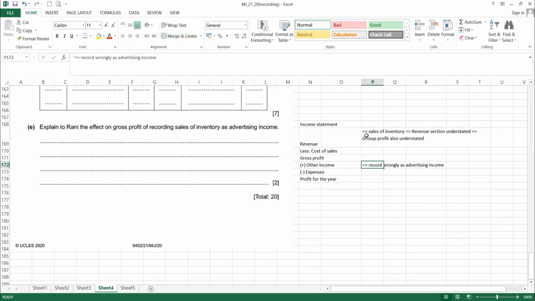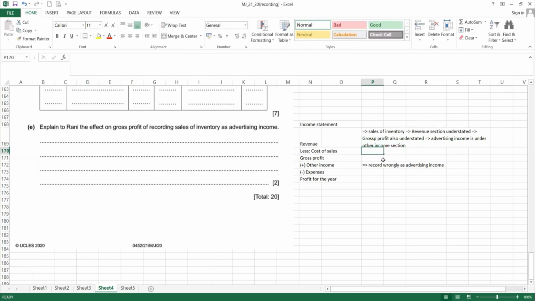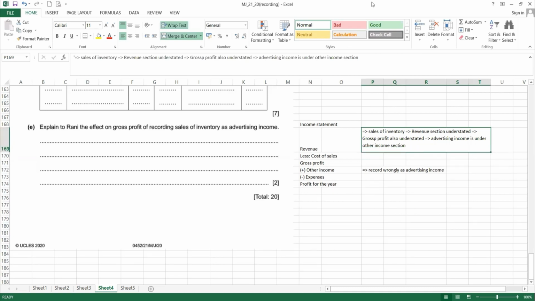So this is the impact on gross profit, because why is it understated? Because advertising income is under the other income section. Okay, so that is the reason that you can put in for part E. Okay, so this is for question number 4.